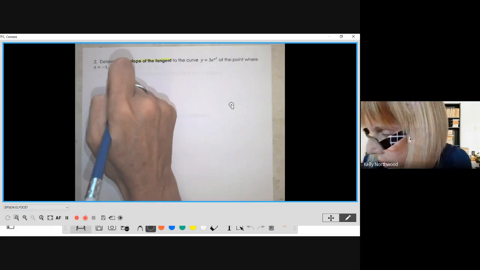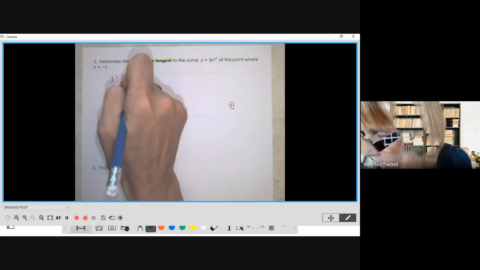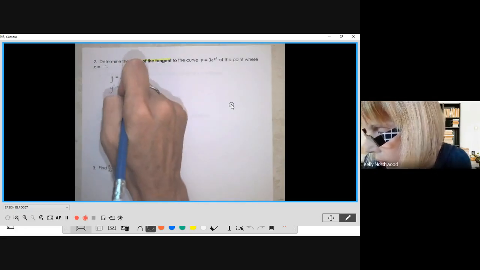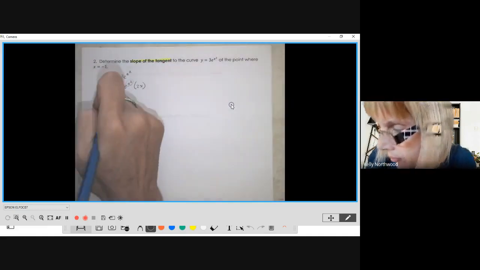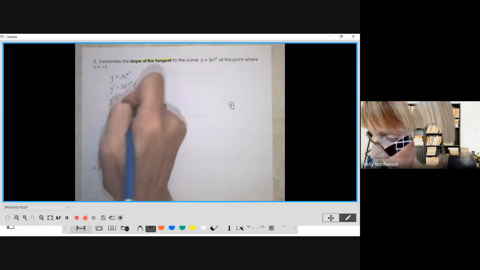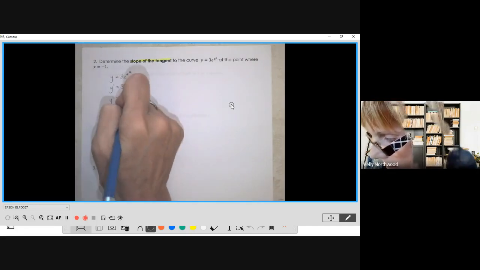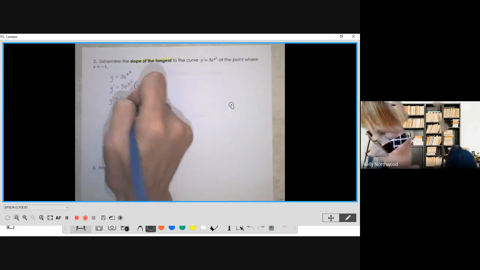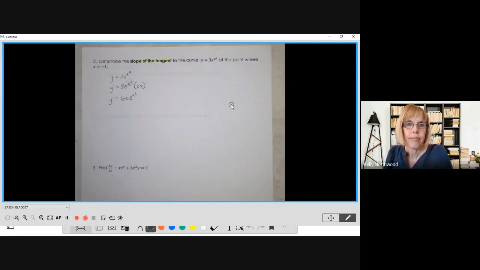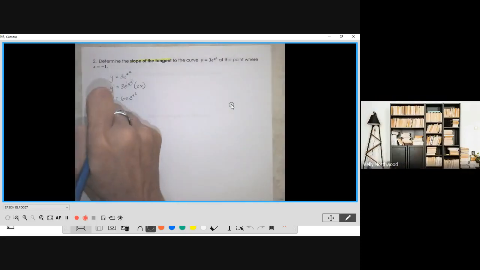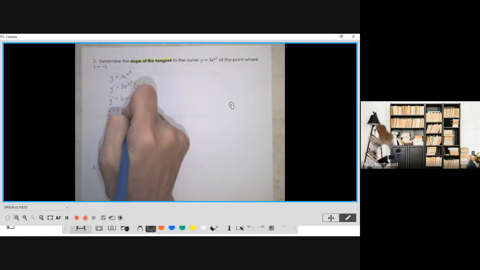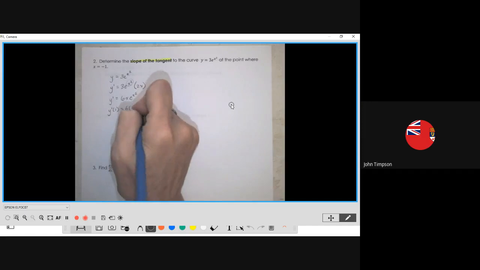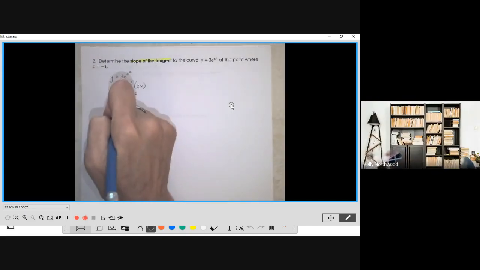So it's going to be 3e to the x squared multiplied by the derivative of the exponent, which is 2x, which we could write as 6x e to the x squared. And we want to know y prime at 1. Isn't it at -1? Sorry, thanks, John, at -1.